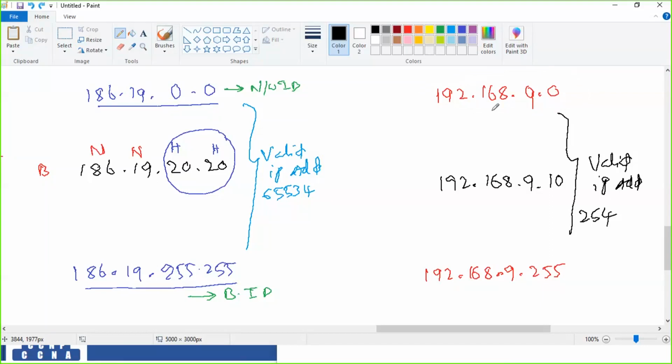So what will be the first usable IP address in this class C example? 192.168.9.1. 9.1 is the first usable IP. This first usable IP is generally reserved for the router IP as the default gateway.